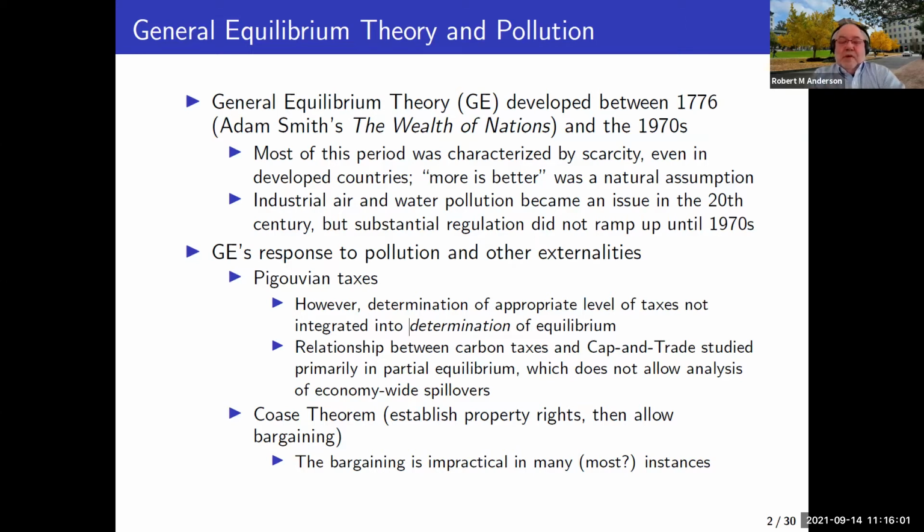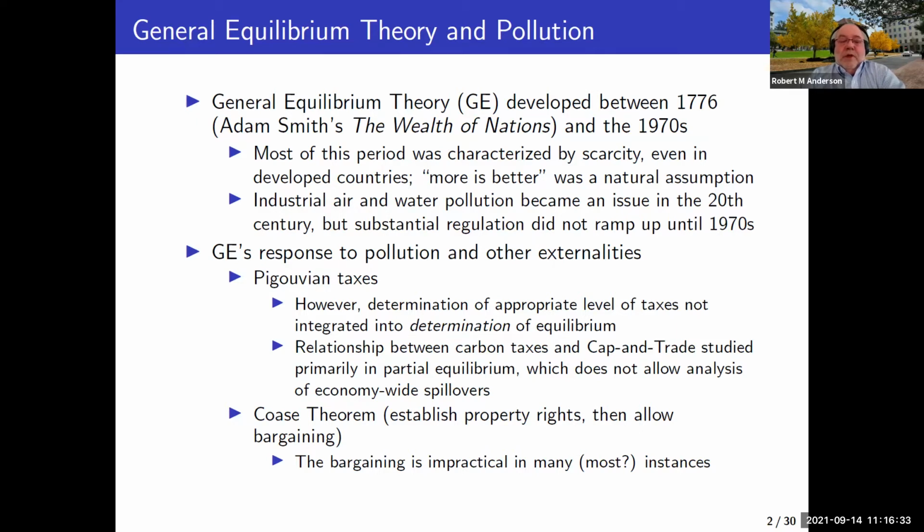Basically, it says if you establish property rights and then allow bargaining, then you'll get a good outcome in an economy. For example, we could say that everybody has the right to burn coal and generate carbon dioxide, and then the people who are adversely affected will enter into a bargain to pay people not to burn as much coal or to substitute a different technology.